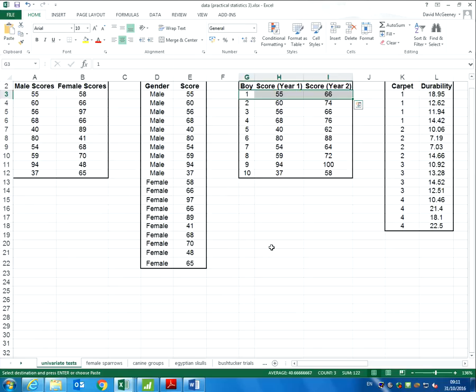So this information is paired. Over here, the cells I've highlighted, there's no link, is there? Okay, that's boy 1 score and girl 1 score. Okay, no link. The samples are unpaired.